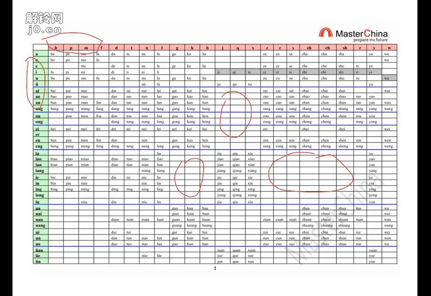You will receive this paper later, and it will help you practice your pronunciation easily. Look at this, and you should notice that we have blue lines there, and later we'll explain what they are. But anyway, all the spellings in the Chinese language are here.